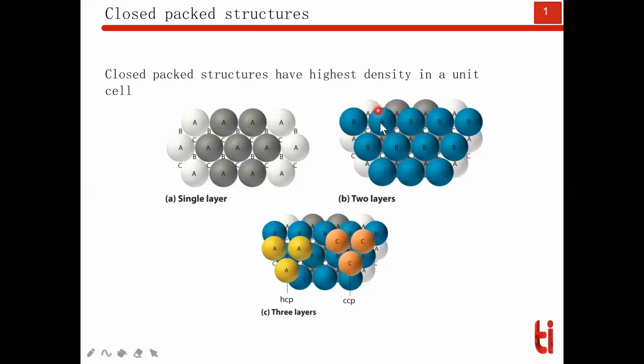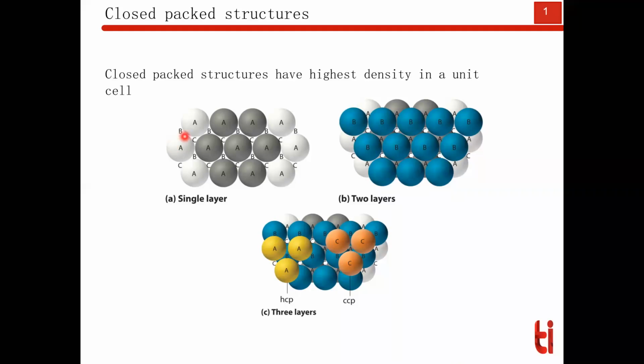If you look at the first C valley and focus on the B atoms, you can see the first C valley, where my cursor is at this point, is sitting precisely in the middle of three atoms of B. And at the corresponding position in the one-atomic-layer diagram, which is image A, where my cursor is, you can still see the same C valley. Now if you look at the three atoms making that particular valley in layer A and layer B, what is the difference?